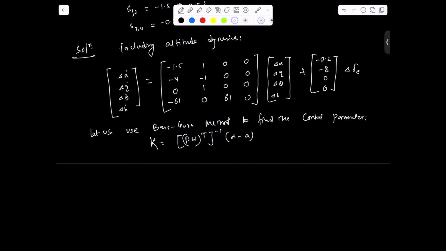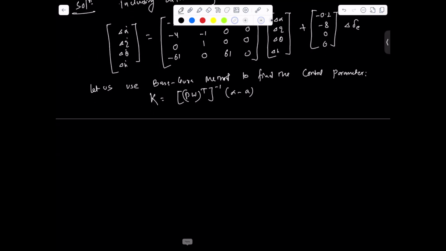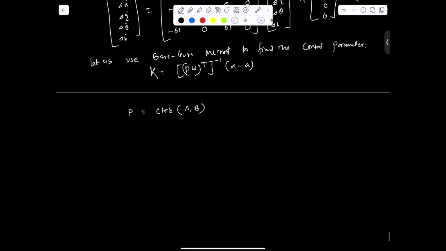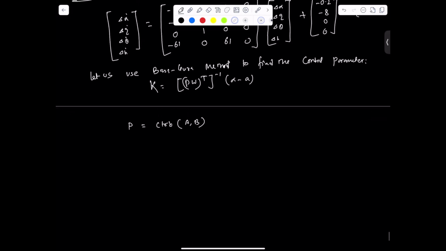Now you can design the control with the same steps as before. First we have to check whether the system is controllable or not. This is the first criterion to design the controller. So we find the P matrix equal to ctrb(A, B). Here, one more thing: we are assuming all states are available for feedback, so states are measurable.